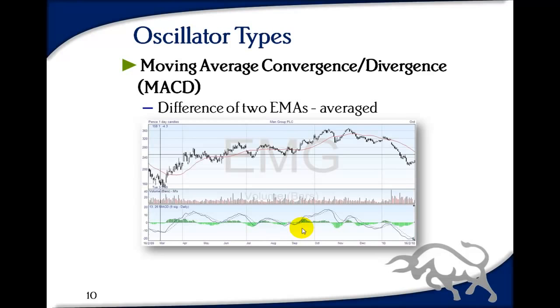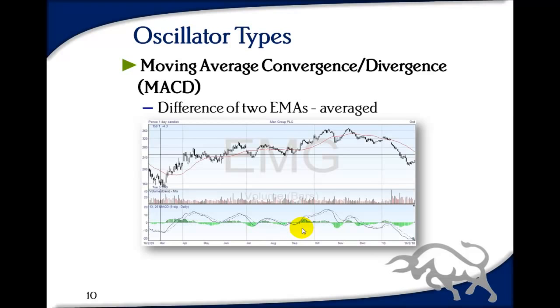Again, we have the signal line here. This is the 6/13/26 MACD with a 9-day signal line. That's a 9-day smoothing out of it. So that's the same as a 13-day exponential moving average and a 26-day exponential moving average making up this line. And we can use it in the same sort of way.